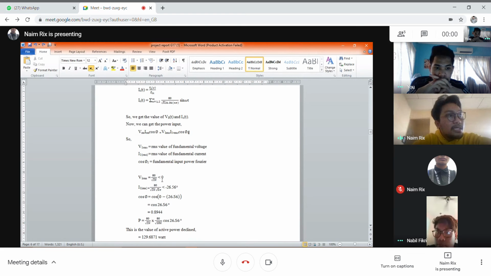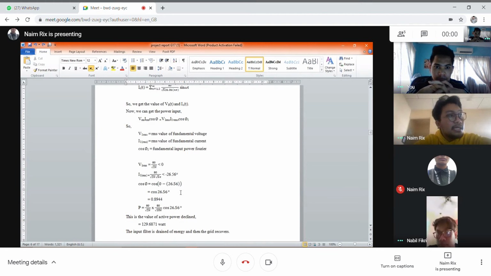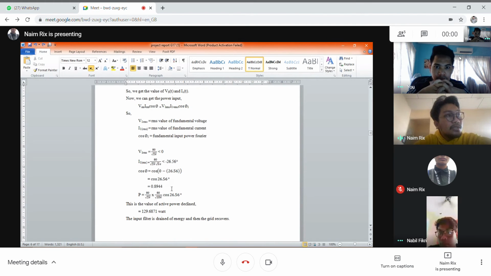For VRMS is 18 over square root 2 pi. For IRMS is 18 over square root 2 pi multiplied by square root 5 pi at an angle of negative 36.56. And for the cos theta is 0.8944.